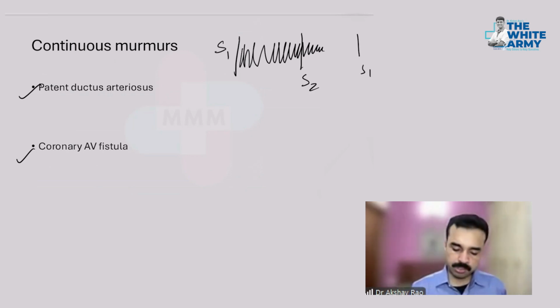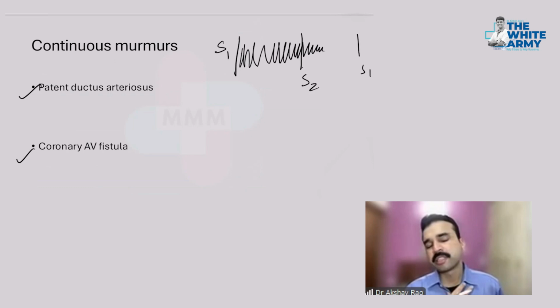I won't describe too much of this. The best place to hear the PDA murmur would be in the left second parasternal space, sometimes even in the first space. You can hear a continuous murmur with maximum intensity there, throughout systole, carrying over into diastole.